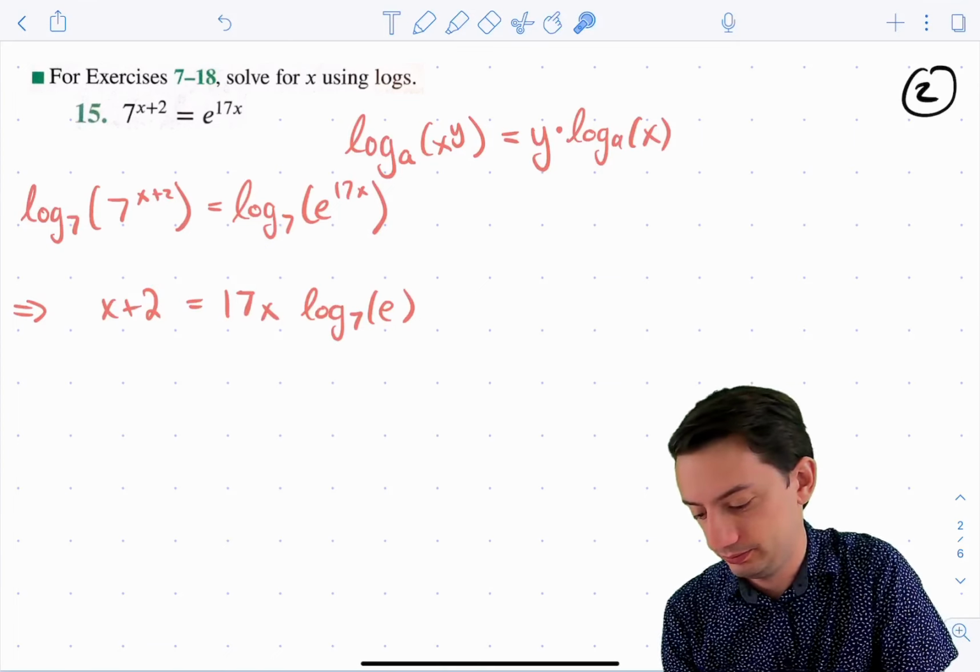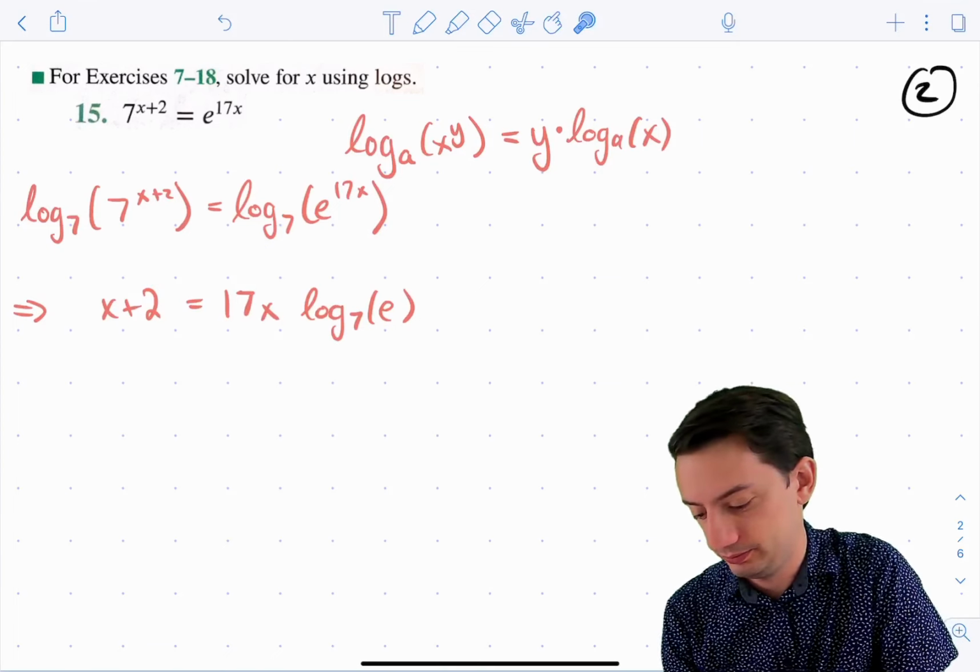So this is x minus 17x log base 7 of e equals negative 2. And then because all the terms on the left-hand side have an x, we can factor it out. When we factor x out of x, that leaves 1. When we factor it out of the other term, that's 17 times log base 7 of e.